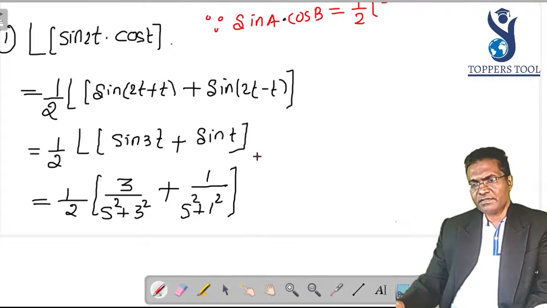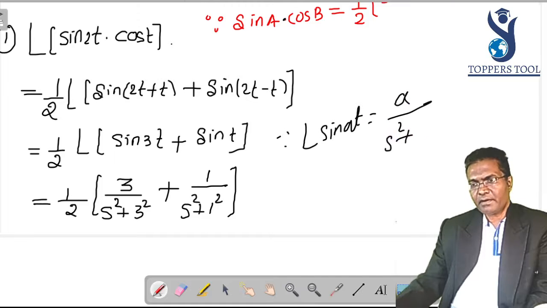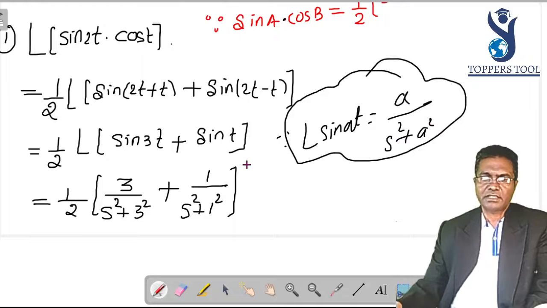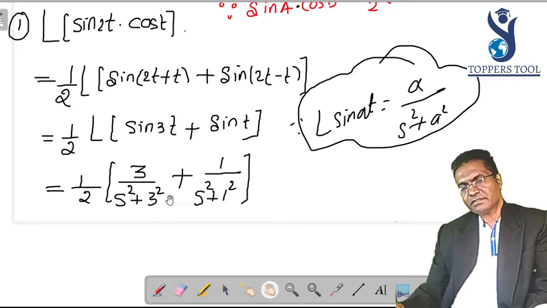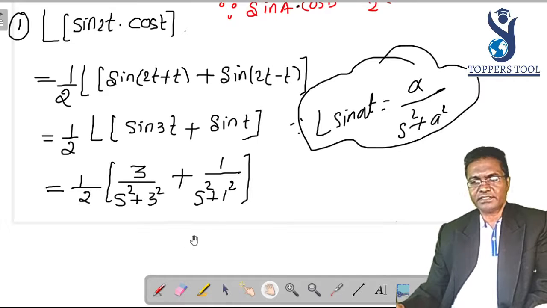Okay, remember this. Laplace transform of sine at is a by s square plus a square. If you want, you can simplify, otherwise not necessary.